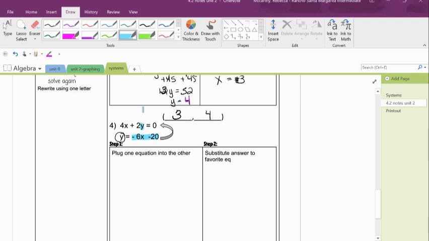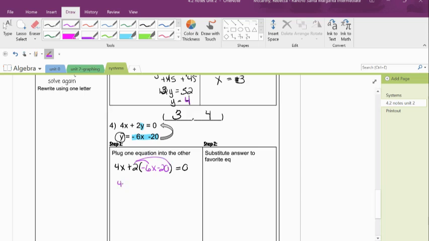So I'm going to write 4x plus 2 times that quantity equals 0. So I'm replacing everything in terms of x, meaning I want just x's in my equation. So that's what I'm doing. And I'm going to distribute.